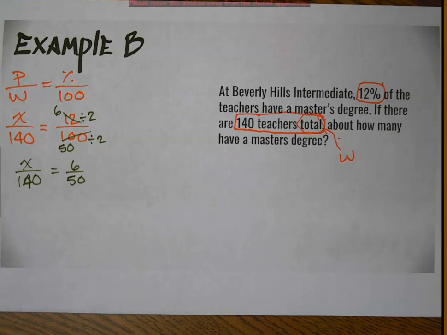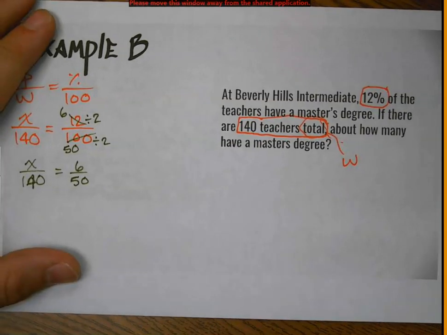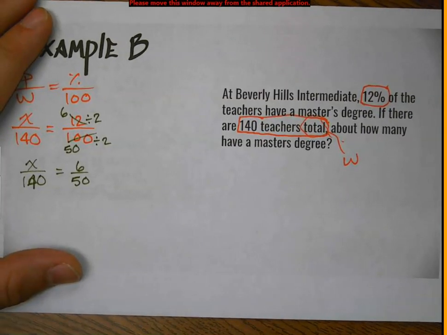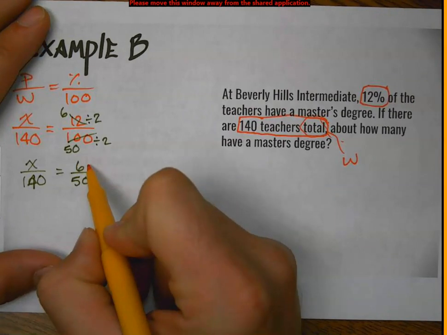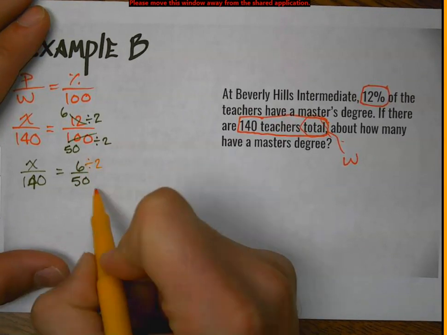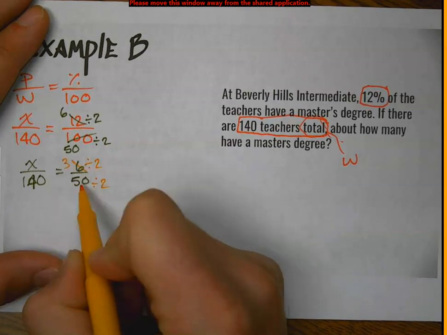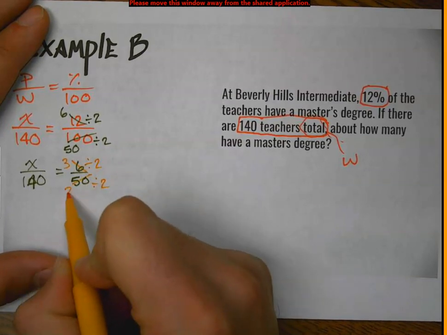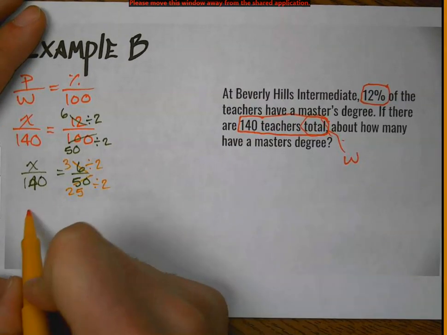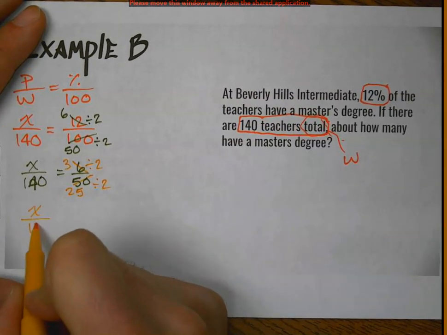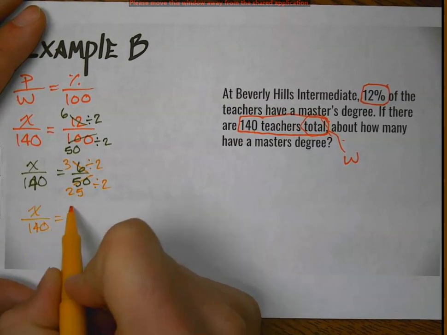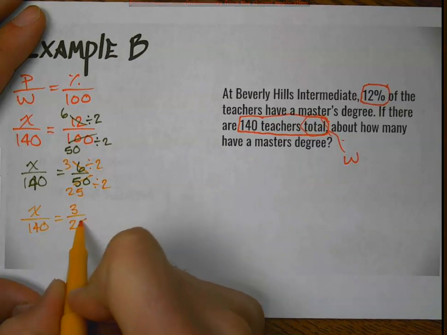I can simplify that again because those numbers are both even. So they are both divisible by 2. Same thing I did up there. 6 divided by 2 is 3, and 50 divided by 2 is 25. So now I have x over 140 equals 3 over 25.